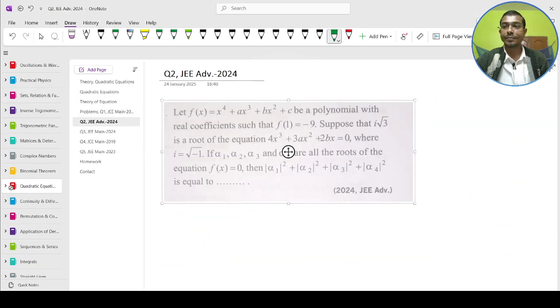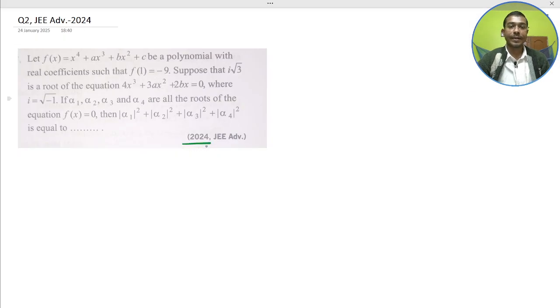Next, JEE Advanced 2024 recent questions. Let f(x) = x^4 + alpha x^3 + bx^2 + c be a polynomial with real coefficients such that f(1) = -9. Suppose that i root 3 is a root of this equation, where i = root of minus 1.